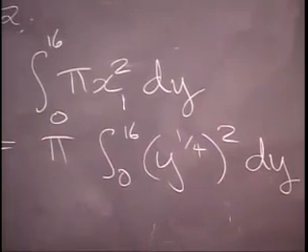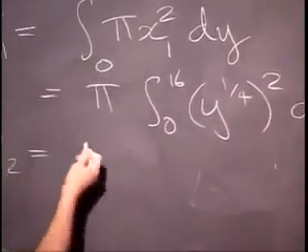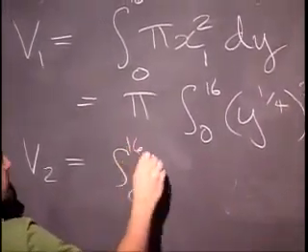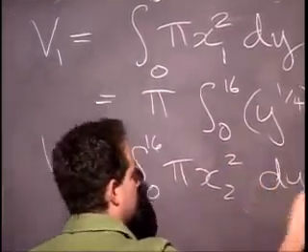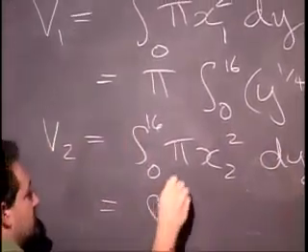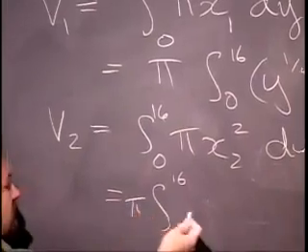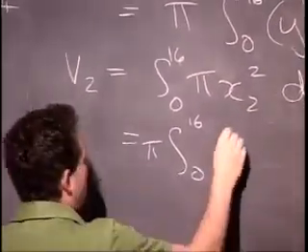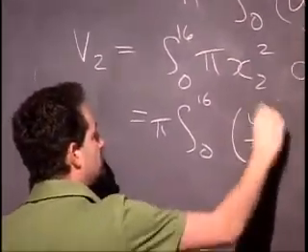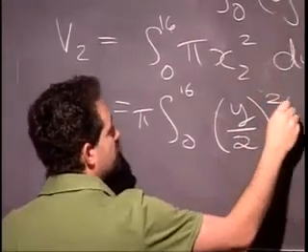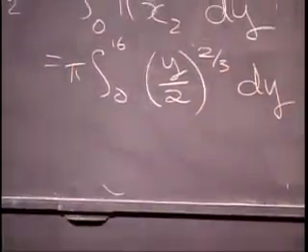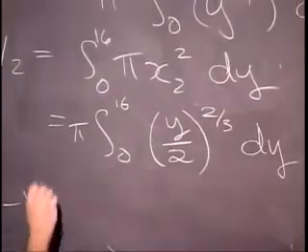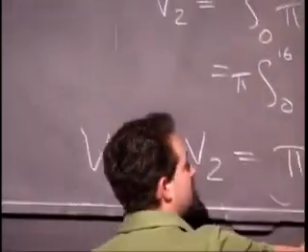And volume number 2, similarly, is the integral from 0 to 16 of pi times x2 all squared dy, which works out to be pi times the integral of (y over 2) to the 2/3 dy. So the actual volume we want is the difference, which, of course, you can also combine into one integral.